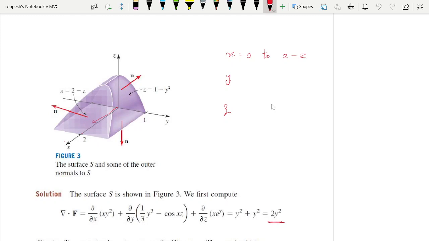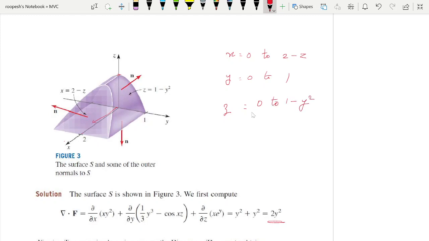You can take y's variation as from 0 to 1 also, and z is varying from where to where? Z is varying from here to here. What is the equation of this one? 1 minus y square, right? So 0 to 1 minus y square.